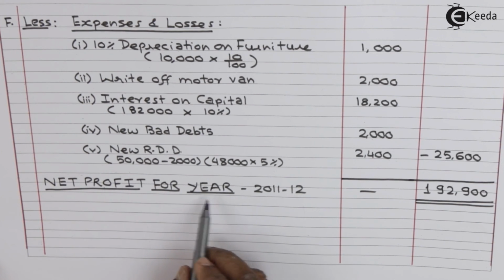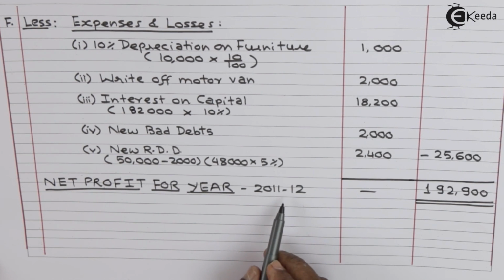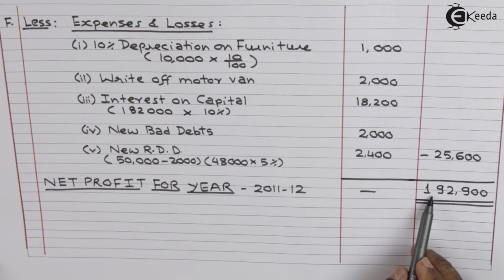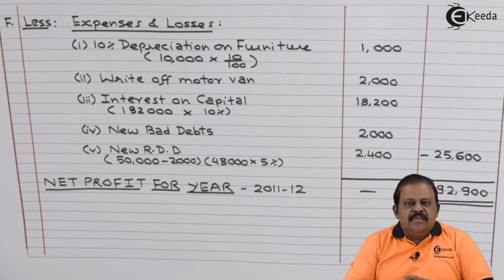Net profit for the year 2011-12. Finally, we got 1,92,900. In this question, we learn how to give effect to the adjustment of accrued interest on investments purchased during the year.